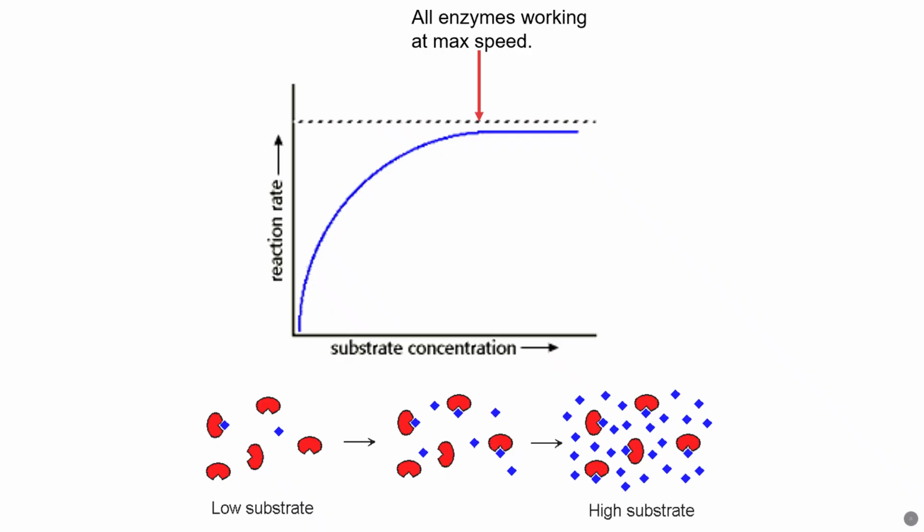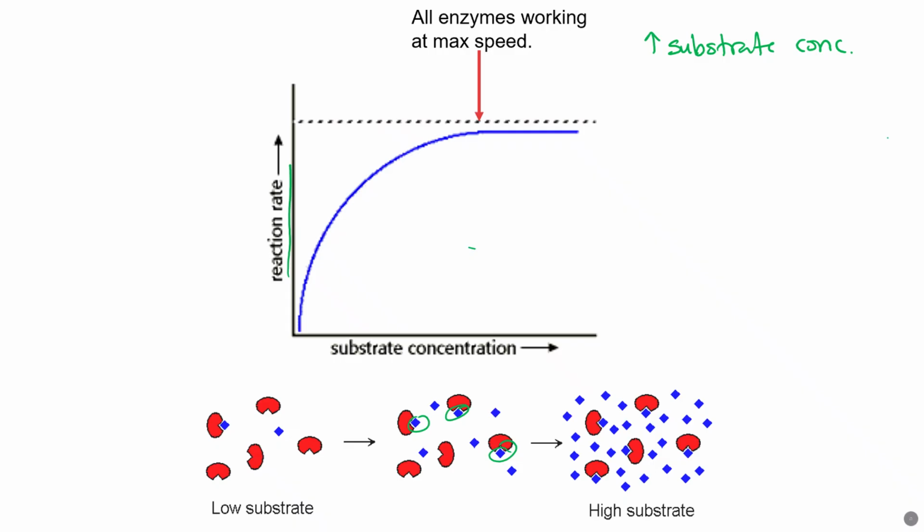We are going to dive into the regulation of these enzymes. So the first type of regulation that increases the rate of reaction, as seen here, is to increase the substrate concentration. By increasing the substrate concentration, more enzymes will bind to the substrates, as seen here, and so there will be a higher rate of that reaction.